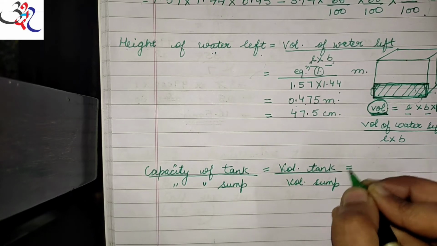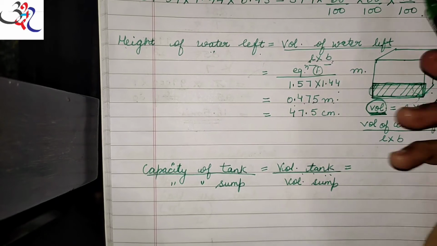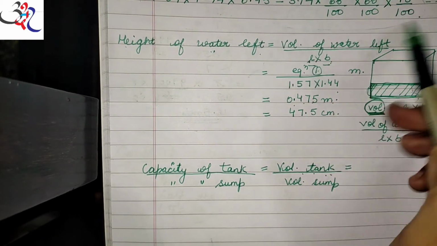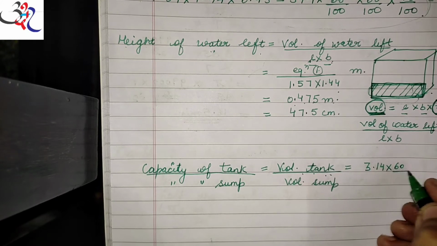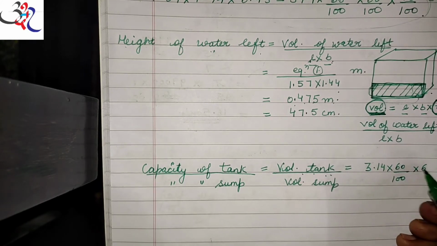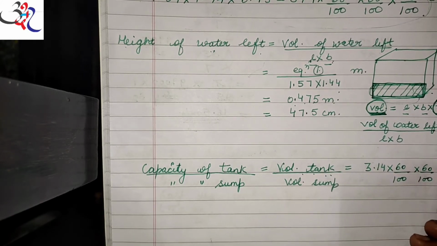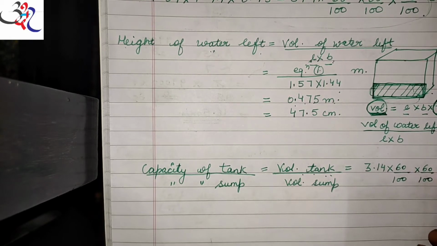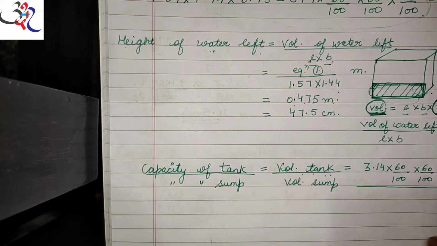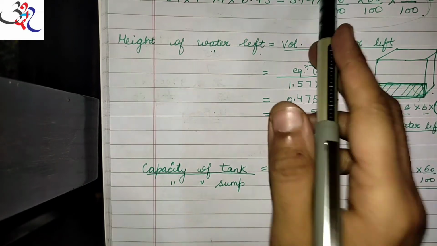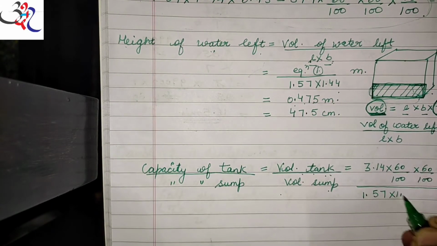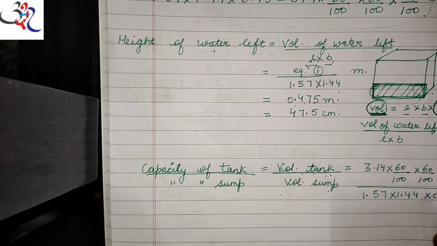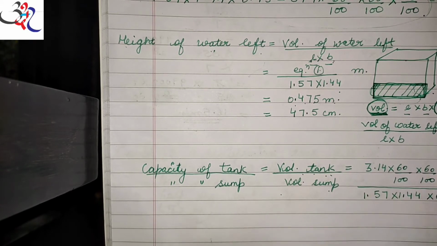What is the volume of the tank? This is the volume of the tank: 3.14 into 60 by 100 into 60 by 100 into 95 by 100, and this will be divided by the volume of the sump, and the volume of the sump is this value, 1.57 into 1.44 into 0.95.